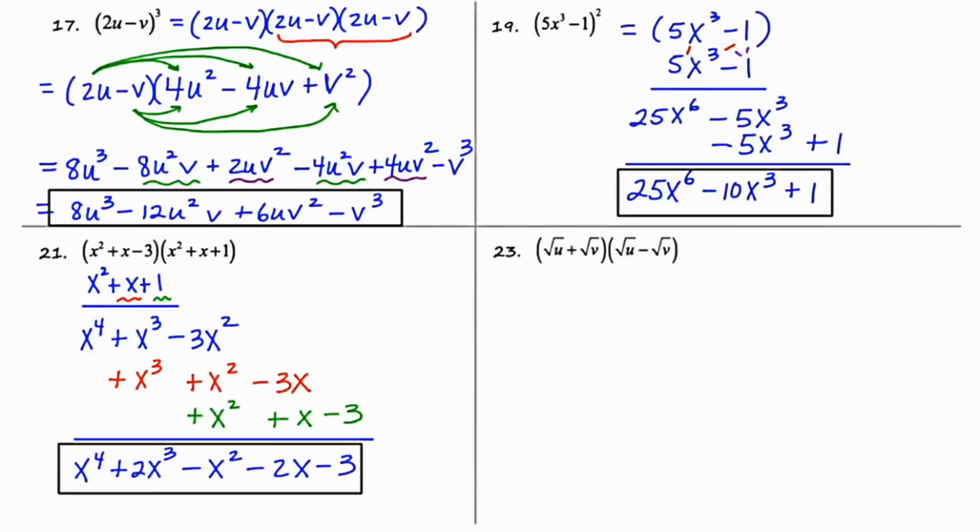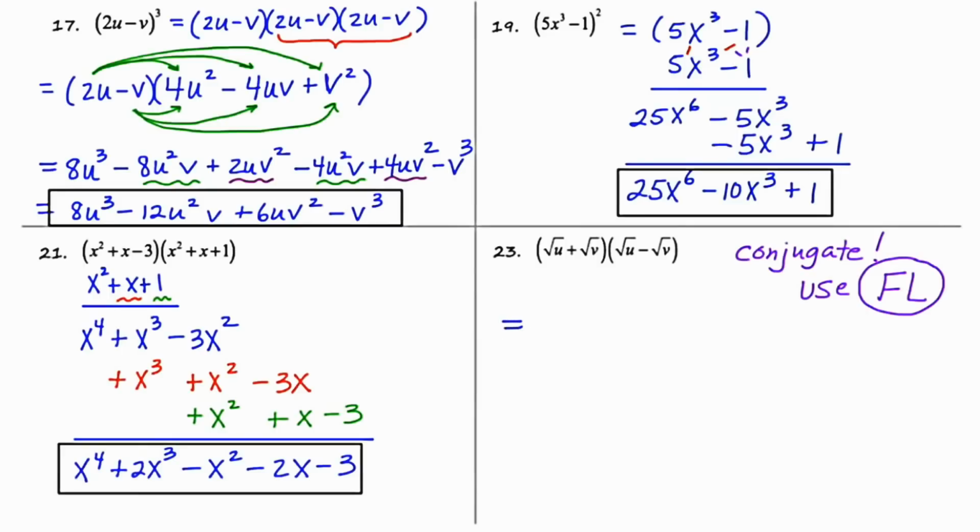Okay, let's finish with number 23, which is multiplying a binomial by what looks to me like its conjugate, which we reviewed on an earlier slide. To multiply these two binomials together, instead of thinking of FOIL, knowing that the outer and inner terms are going to cancel, I'm merely going to do the first term and the last term.